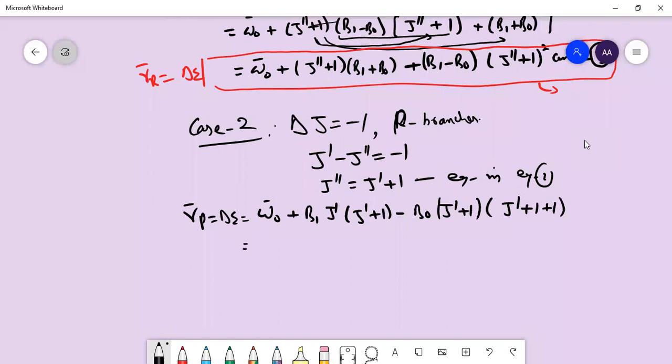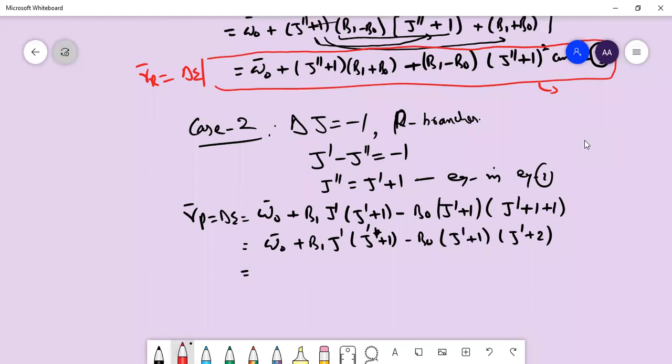So let me further simplify this equation. It can be simplified as B1 J dash plus 1 minus B naught J dash plus 1 into J dash plus 2. So this is the further simplified equation.